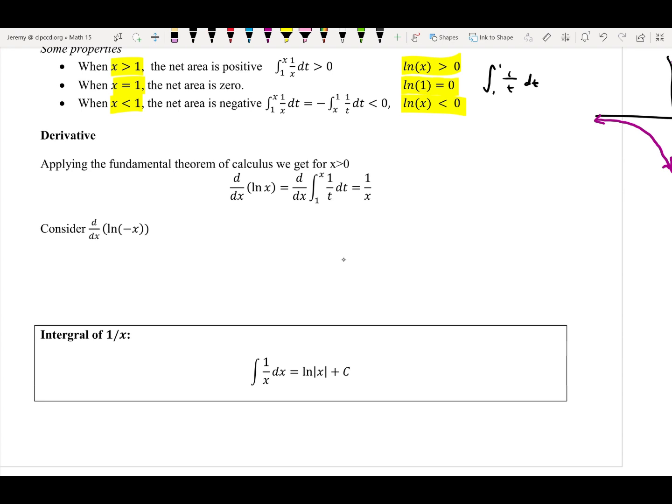If we take the derivative of the natural log, we would just be taking d dx of this integral, and the derivative with respect to x simplifies with this integral. They cancel out. We're just left with 1 over x. So there is our differentiation rule for the natural log of x. We just have that d dx of natural log x is equal to 1 over x. How nice is that?